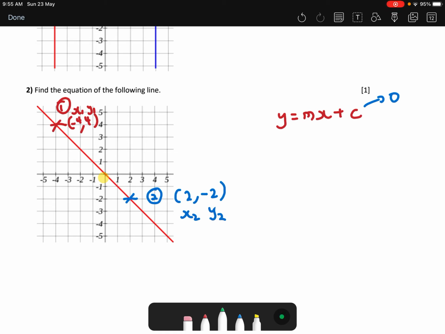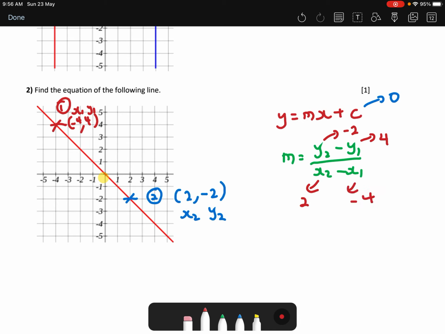After that, we just have to sub it in using our formula: m equal to y2 minus y1 over x2 minus x1. Then we just sub it in. y2 is -2, y1 is 4, x2 is 2, x1 is -4.